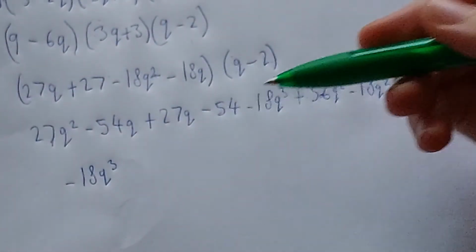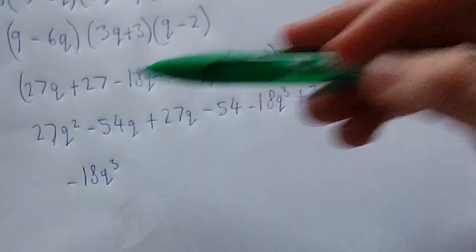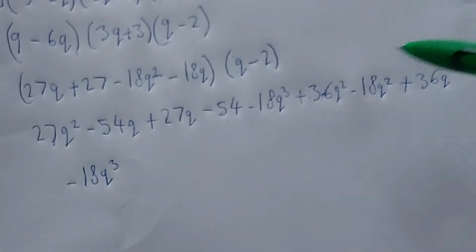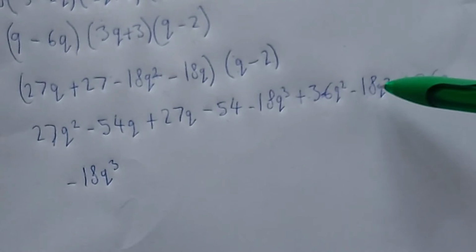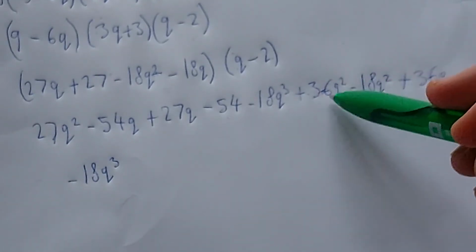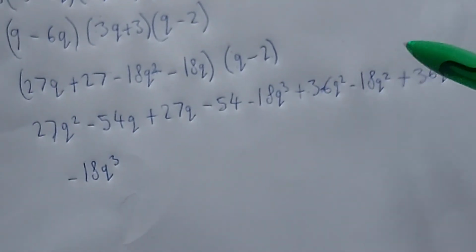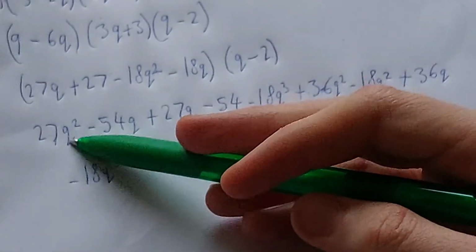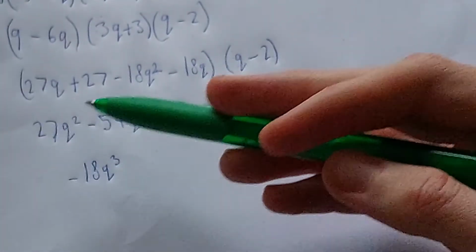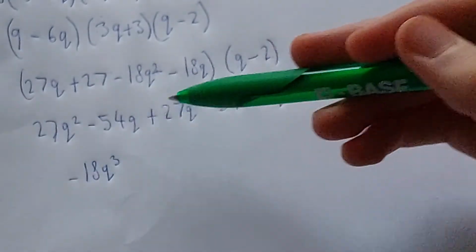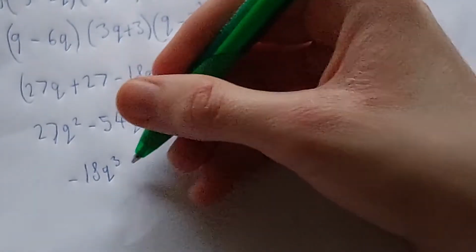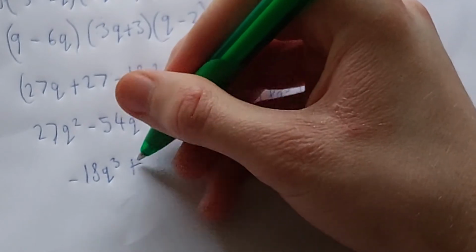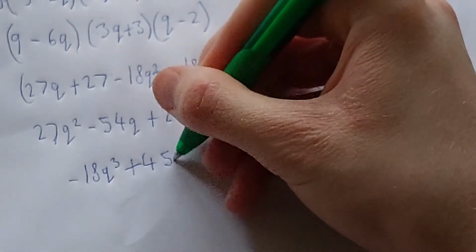And then next up we've got q squared, and we've got 27q squared and 36q squared and negative 18q squared. Since these two are next to each other, we just do 36q squared minus 18q squared to give us positive 18q squared. And then 18q squared, we add it to this because this is positive. This 27 plus 18 would give us plus 45. And then because it's q squared, we've got to add the q squared in.